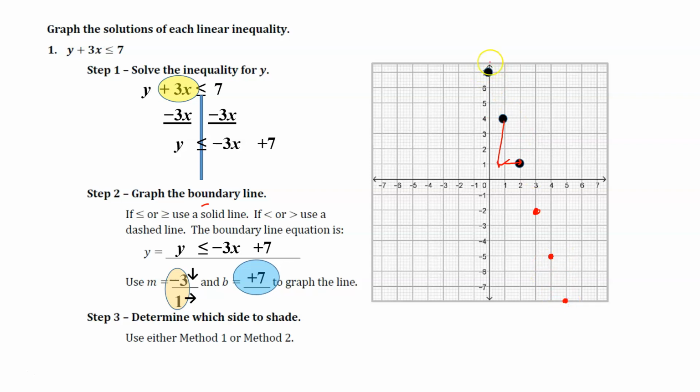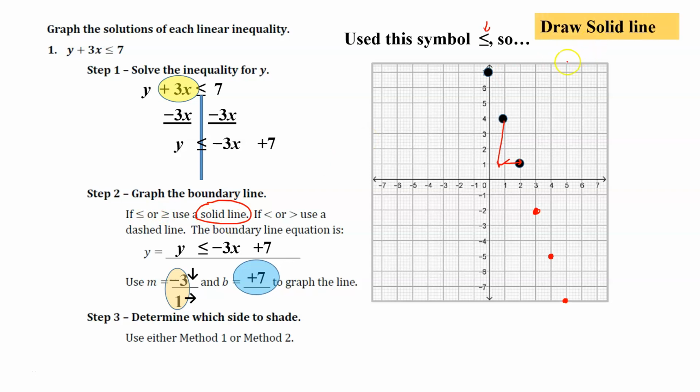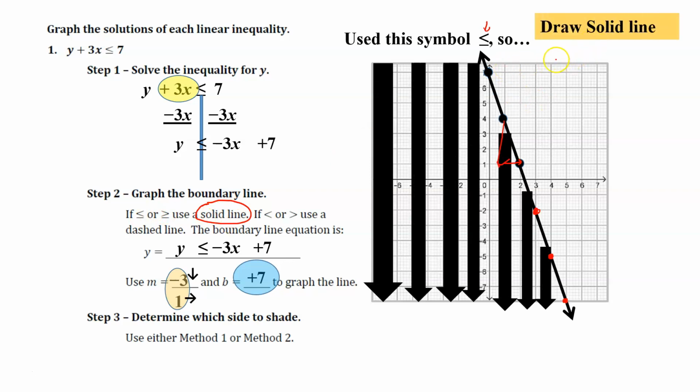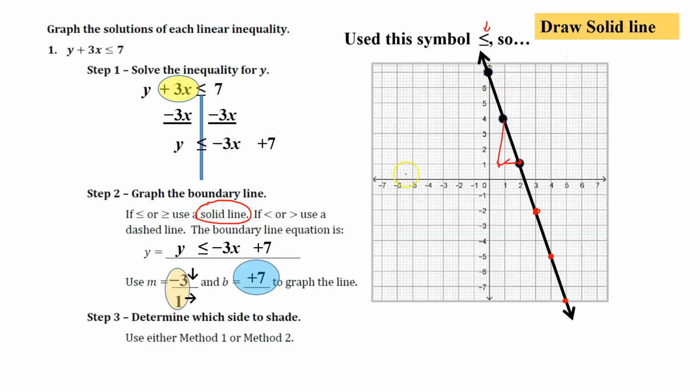And we're going to draw our line, but first we said that it was going to be a solid line, and that was because if this is our symbol, it has an underline. It must be solid. And then if you're wondering why did she shade below?